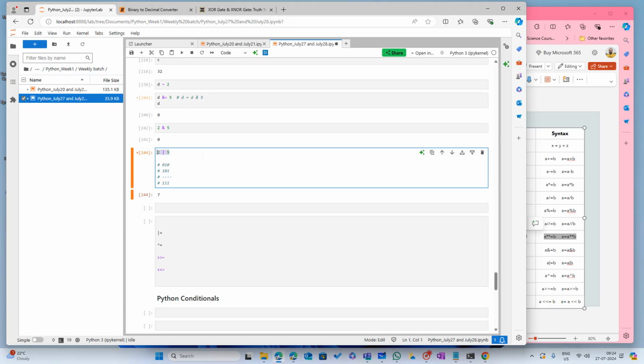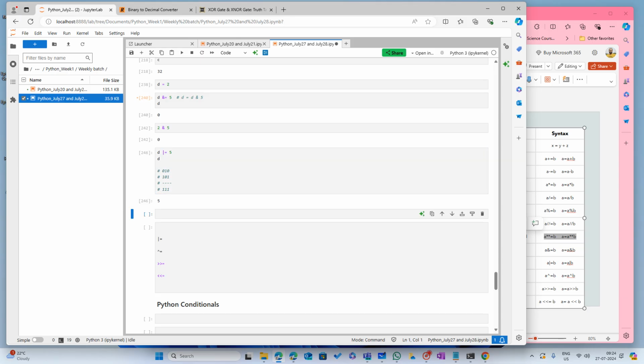I'm saying d pipe equal to 5, and if I print d, here it was 0, the value changed, right? So that's why you're getting 5. But anyway, either way the functionality is the same.